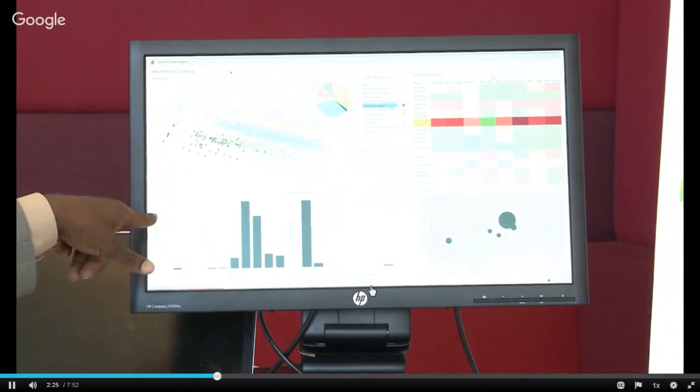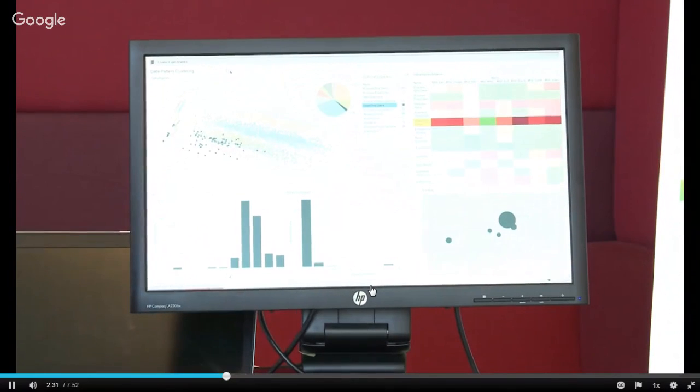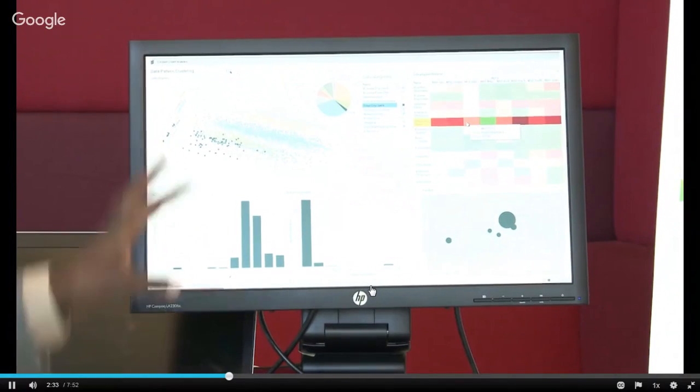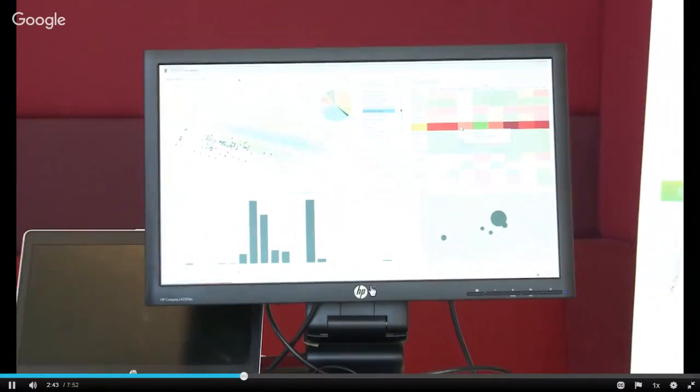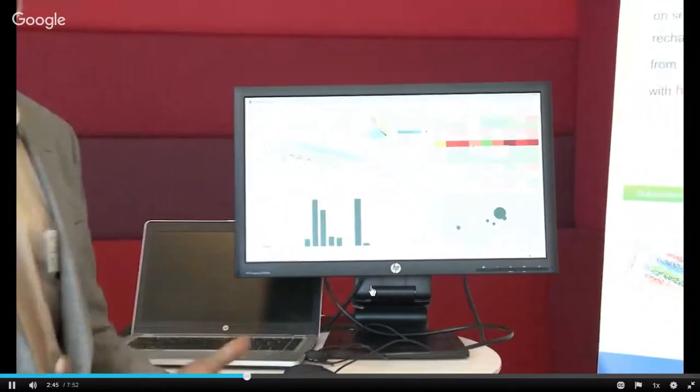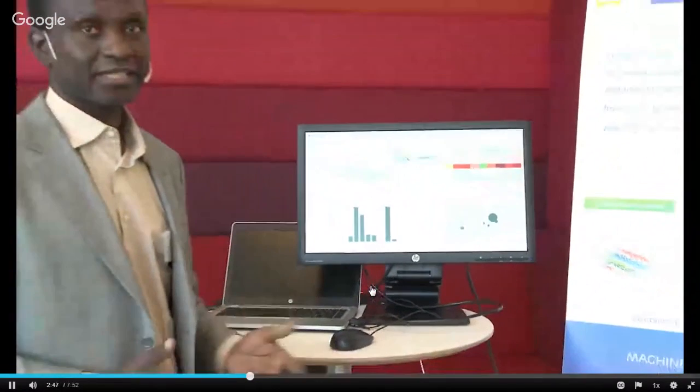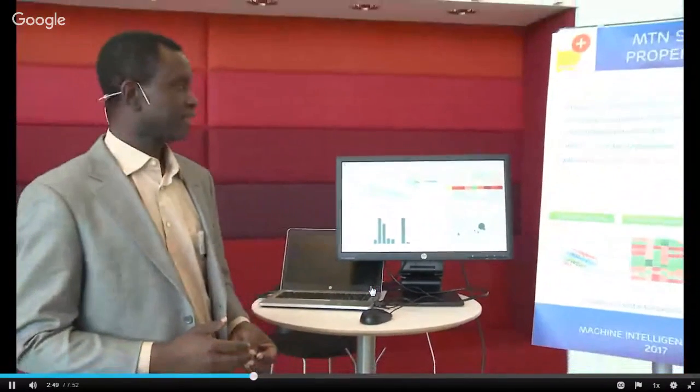This is what we call SLI, Service Level Index. And the beauty of applying an unsupervised learning method on this data is that we don't know the user groups in advance. The system tells us what the different groups are at the moment and what the characteristics of these different groups are.